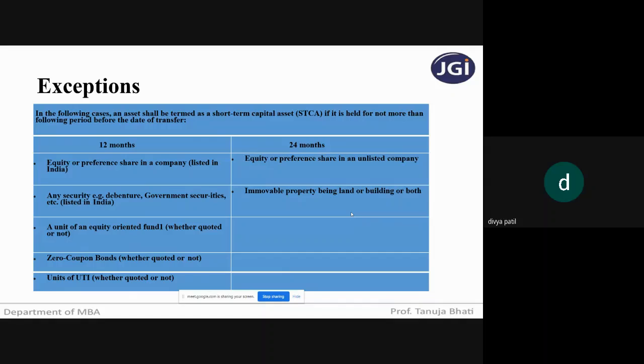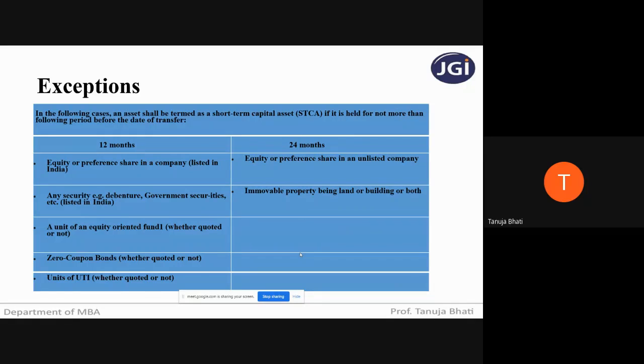Short-term capital asset. Short-term. What's your answer? I can't hear. Long-term. Who said short-term? Because it is more than 24 months. I said 28 months. How is it short-term?